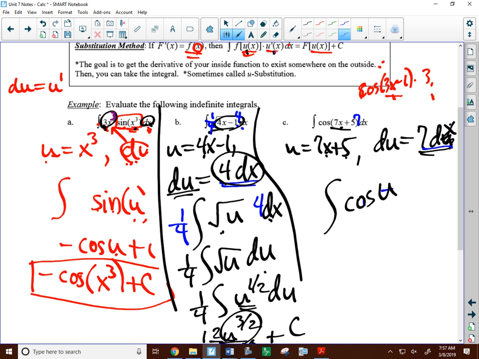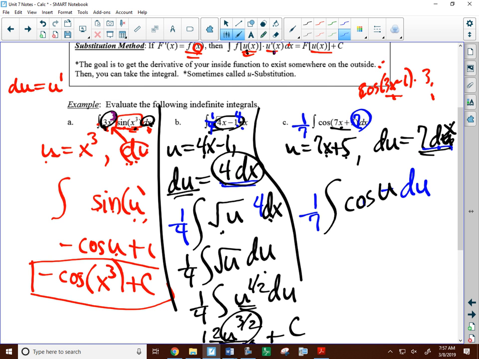So now it would work, and I cancel it out with the 1/7 in front. So then I just bring this 1/7 down here, and this 7 dx becomes du. So it's basically the same as the last one, but I really wrote the numbers up here that would cancel out.